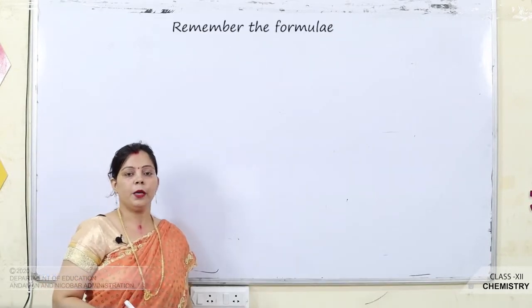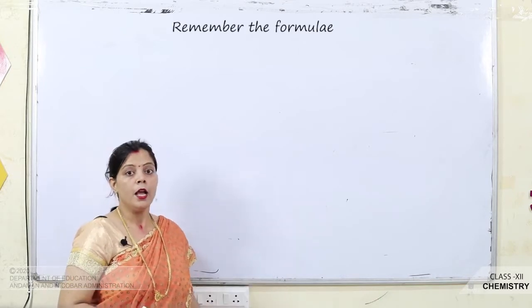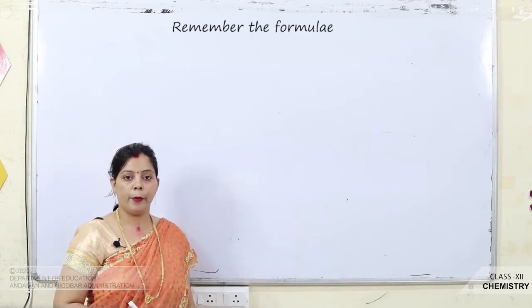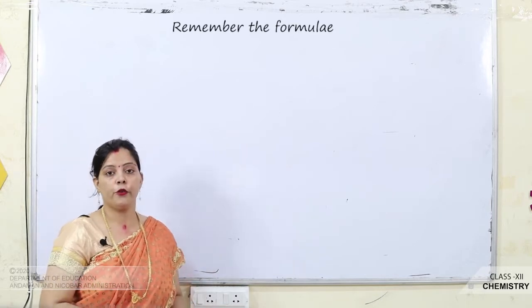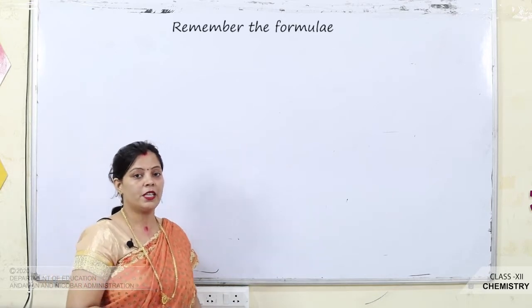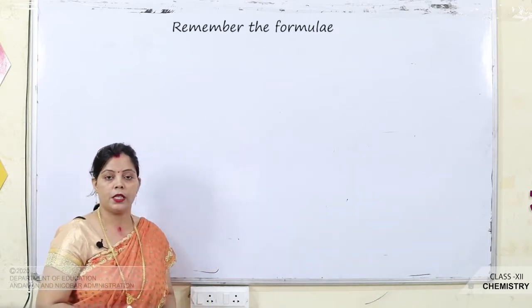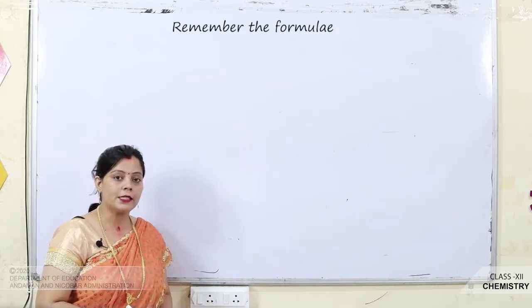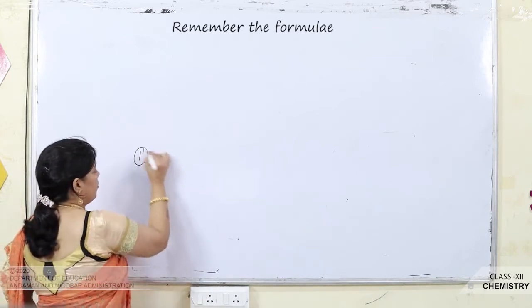Children, there are some important formulas related to that topic which we had discussed earlier. You must remember these formulas, which are very beneficial for solving the problems related to measuring the electrical conductivity, conductance or resistance of the electrolytic solution. So first is the resistance.